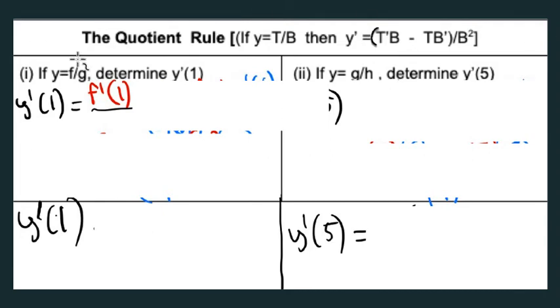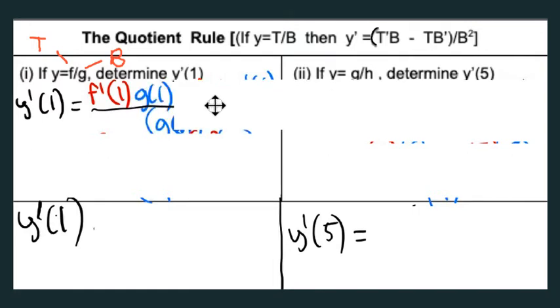Why don't I label that? So f is the top and g is the bottom. Top prime is going to be f prime, so there's f prime at 1.